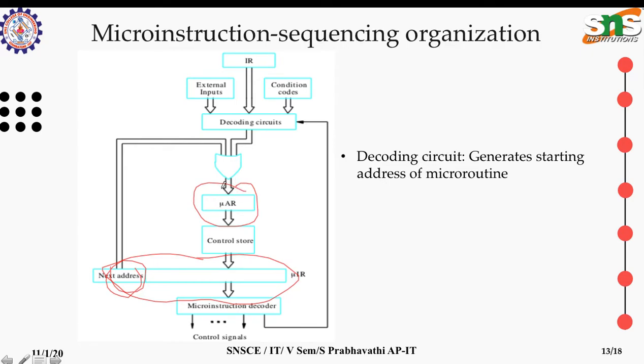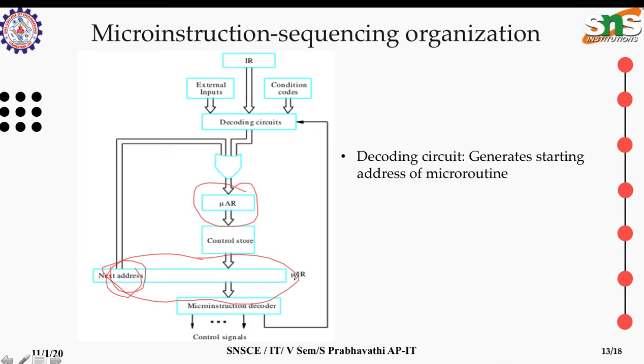Instead, that is replaced by the micro address register. This address register will hold the address of the next micro instruction, which may depend on the output of the current instruction.